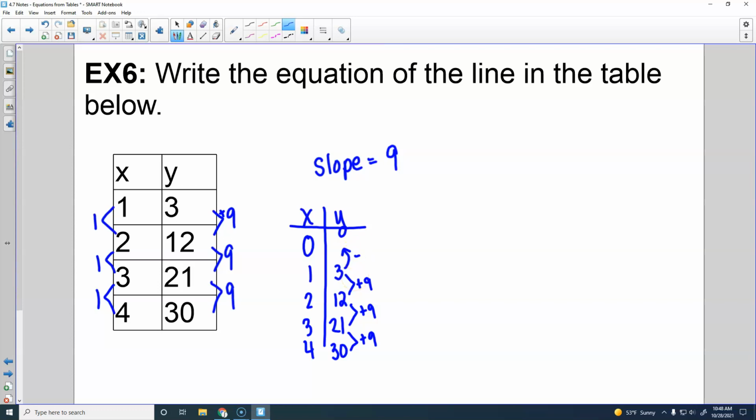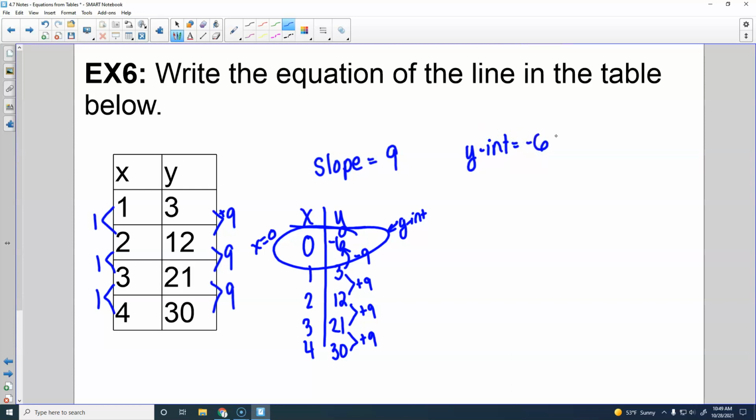Okay? I'm going to subtract 9. And Easton, what am I going to get? Negative 6, right? Because the x equals 0 right here, this is my y-intercept. So y-intercept equals negative 6.